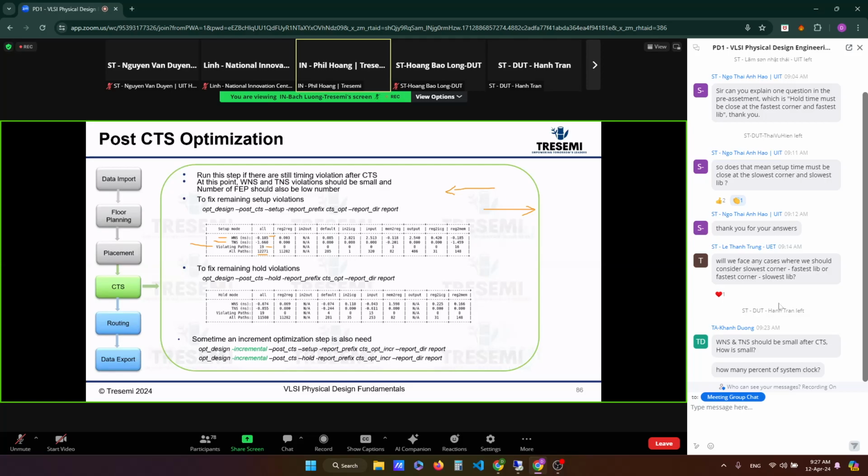So it's not a rule of thumb here, but more of a methodology and understanding of your design, so that you can make a determination whether you can live with negative 105 picoseconds here, or you have to fix it all the way to 0, depending on how easy it is or how much it degrades after post CTS.